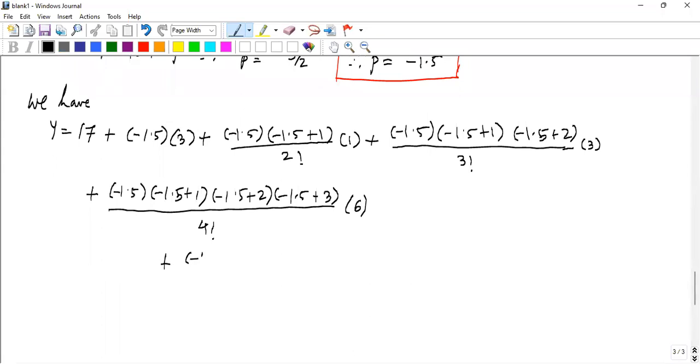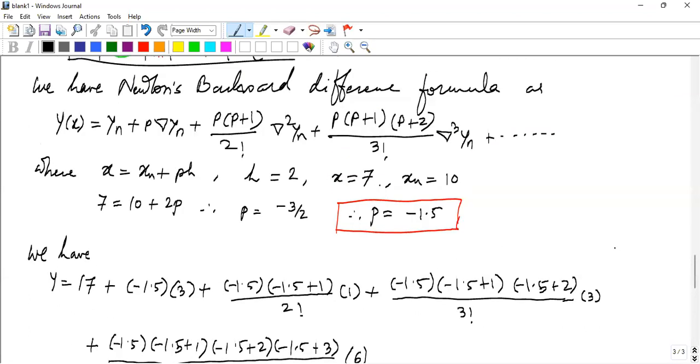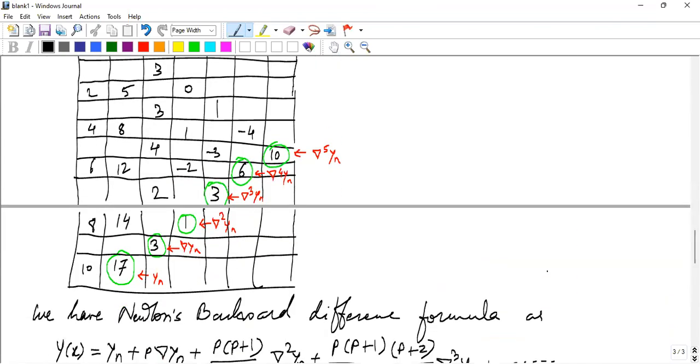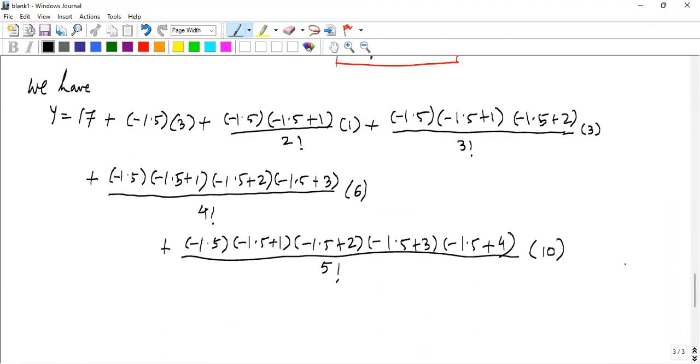Plus we have minus 1.5 into minus 1.5 plus 1 into minus 1.5 plus 2 into minus 1.5 plus 3 into minus 1.5 plus 4 by 5 factorial. And here we have 10. So is that okay? Is there any more value? We have 10 as the last difference, no? So we don't have any more term here.